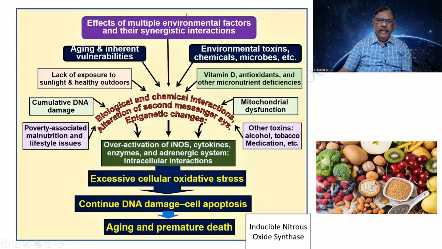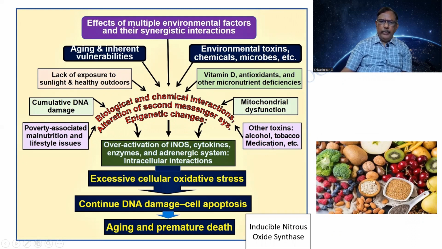So this is again a summary of the entire thing. You find that there can be various environmental factors such as toxins, chemicals, infections. Vitamin D and antioxidants can prevent aging. Mitochondrial dysfunction promotes aging.